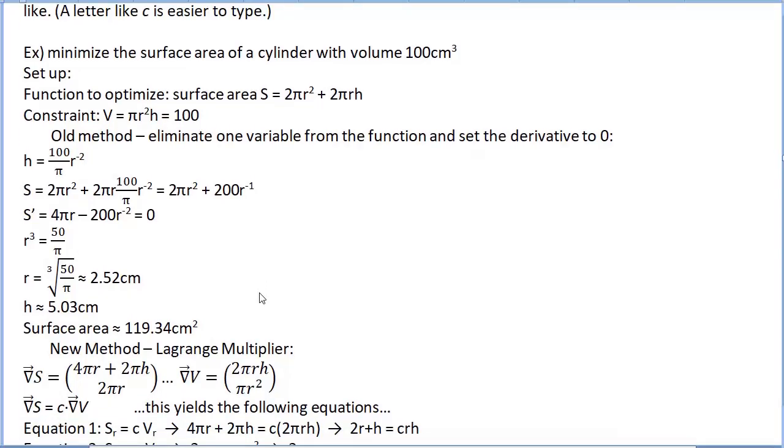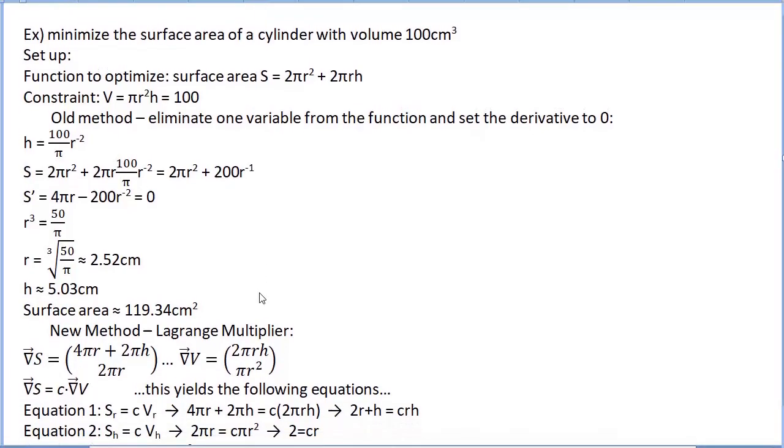So let's write those down. In equation 1, we get 4 pi r plus 2 pi h equals some constant times 2 pi r h. And the second equation gives us that 2 pi r equals some constant times pi r squared.